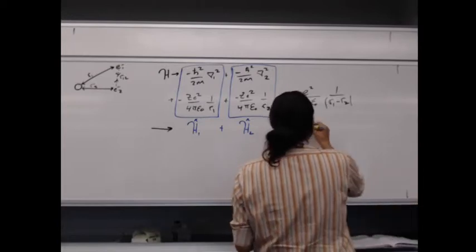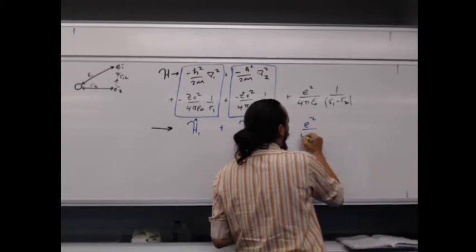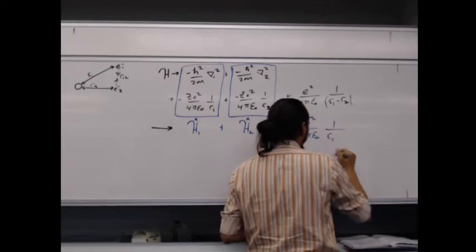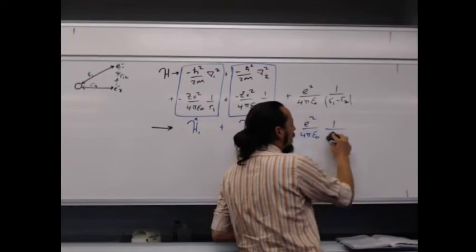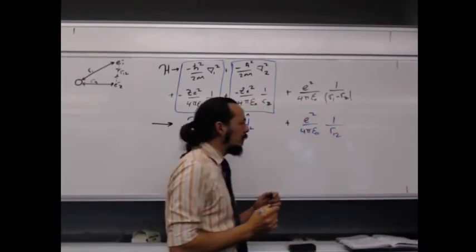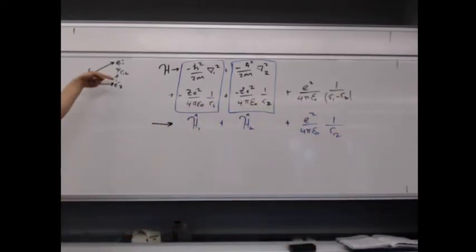So this is going to be plus e squared over 4 pi epsilon naught times 1 over the absolute value of R1 minus R2, and we usually abbreviate this to just R12. So that's the distance between the two electrons, which is another variable that depends on the two positions of the electrons.